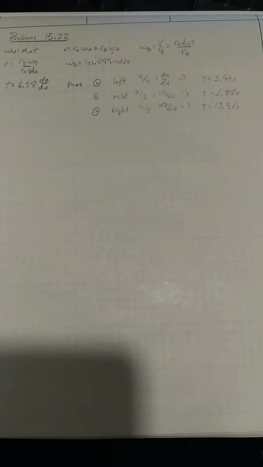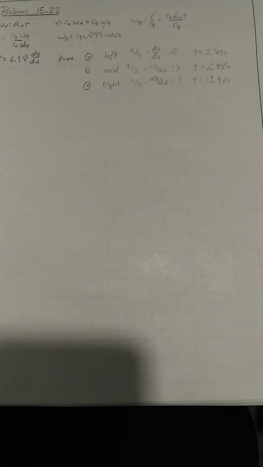And then we can solve our omega B equation, plug in some of those values. We get 400 RPMs, which is the same as 41.8 radians per second. And then we've got our T equation. We plug in the values that we've got, and that's going to give us 6.9813 dB over dA.